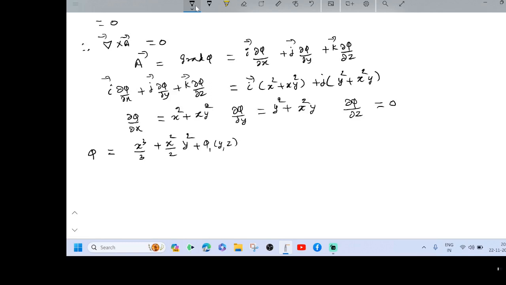Then if you integrate this, say the phi value, phi equal to y³/3 plus x²y²/2 plus phi 2 of x comma z. If you integrate this, we can get phi 3 of x comma y comma z. This is the value we can get by integrating this.